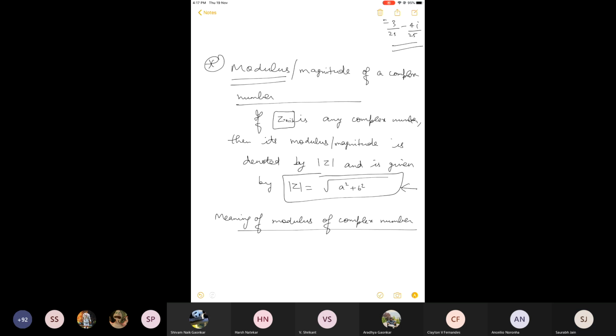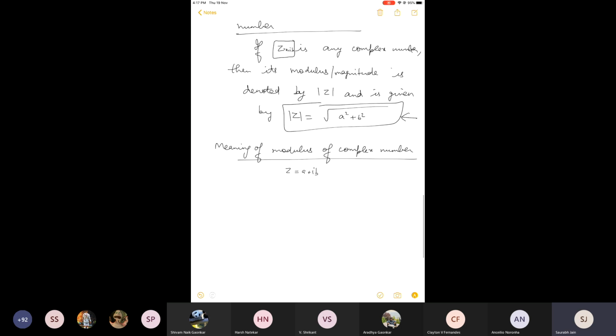We have already discussed in the previous class that a complex number basically represents a point in the Argand plane. Let us have a brief recap.